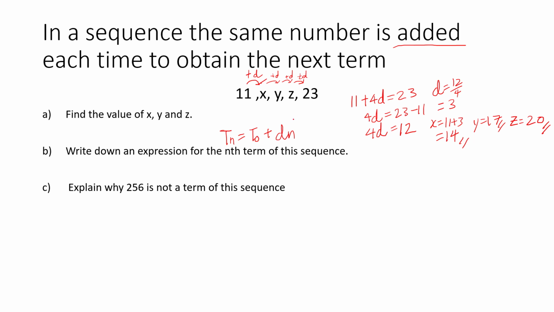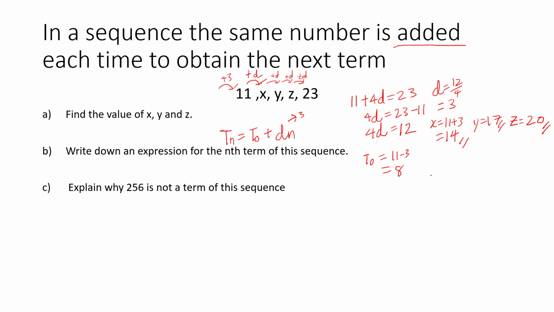So we know that d is equals to 3. Okay, we have to find term 0. So something plus 3 is equals to 11. So from here we can see that term 0 is equals to 11 minus 3, which will give us 8.